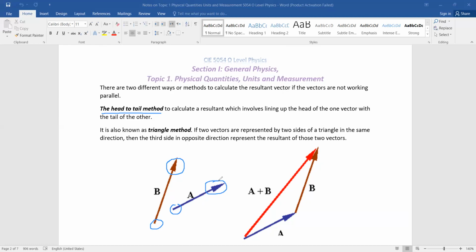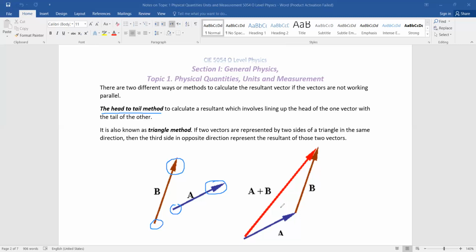We can take the head of this one and replace this tail with this head, or we take this vector to join the head of the other vector, or we can take this head joined with the tail of this vector A. Any one we can do.